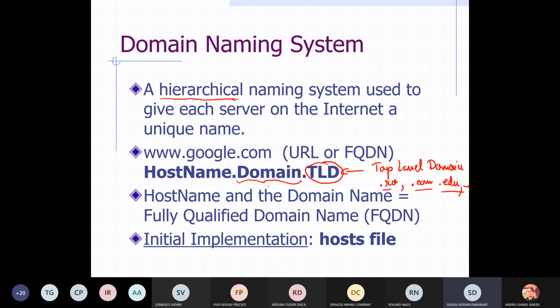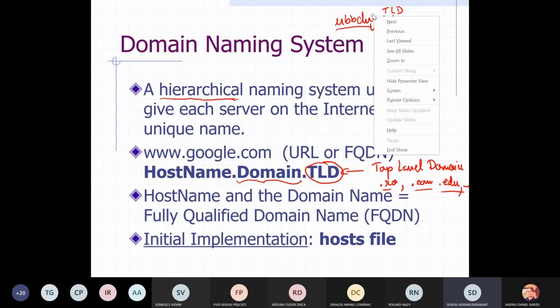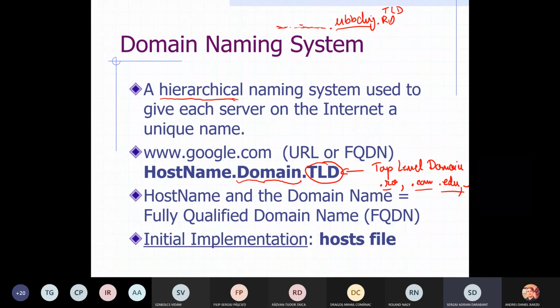Once you buy a domain, for example, if the university UBB Cluj bought a name, it's stored inside the RO TLD. So we bought ubbcluj.ro, the UBB Cluj domain inside the RO top level domain. That means this domain is reserved for us, and whatever is left here is something that we manage once we bought this domain.